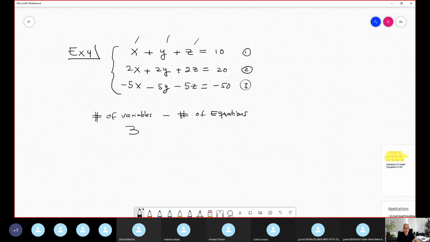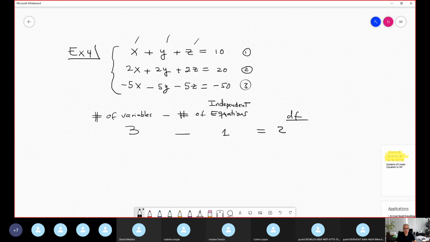In this case we have 3 equations, but actually we have only 1 independent equation. Okay, we have only 1, no? And 3 minus 1 is 2. So the degree of freedom of the solution object is 2.